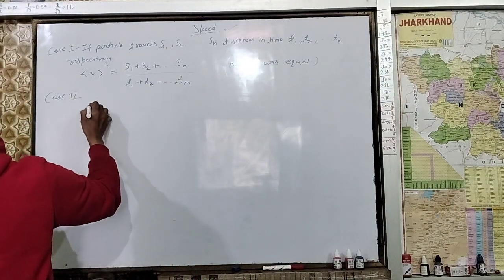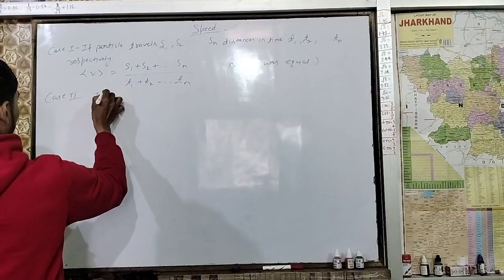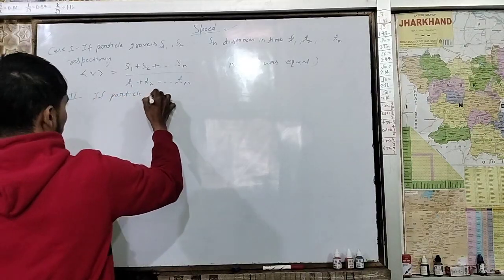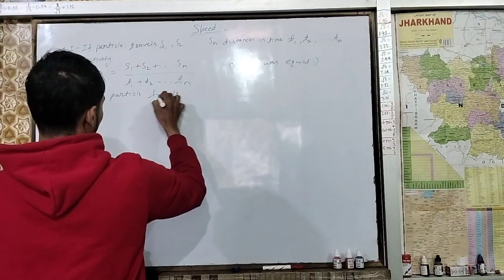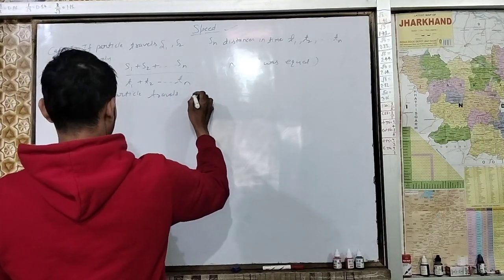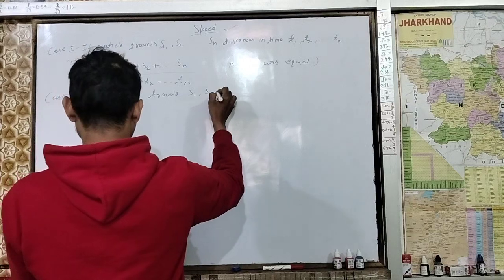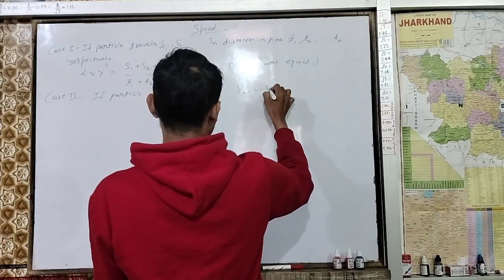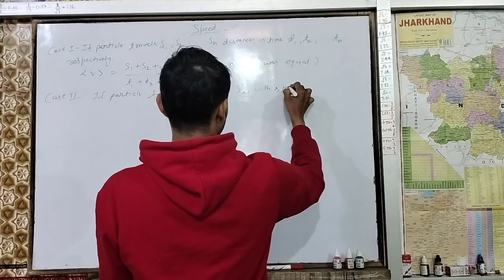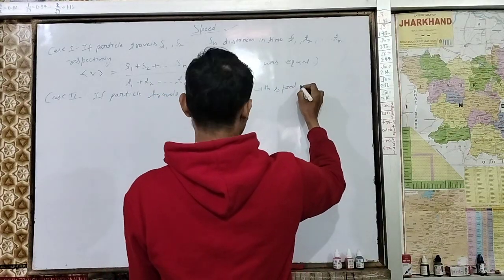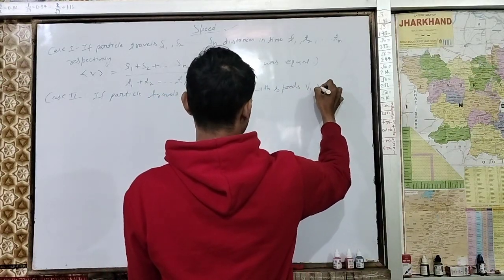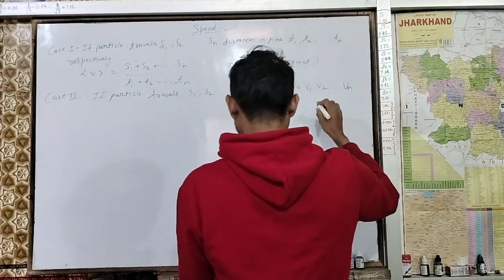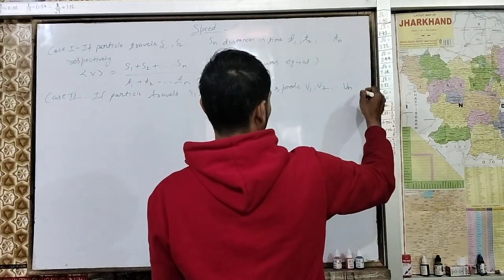Our next case is if a particle travels S1, S2 till Sn with the speeds v1, v2 till vn respectively.